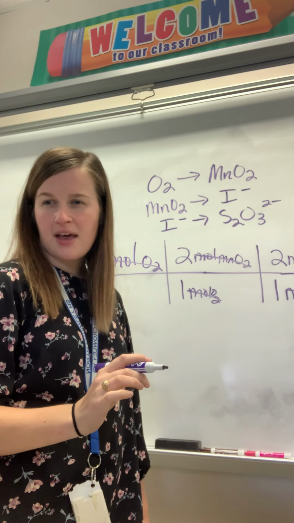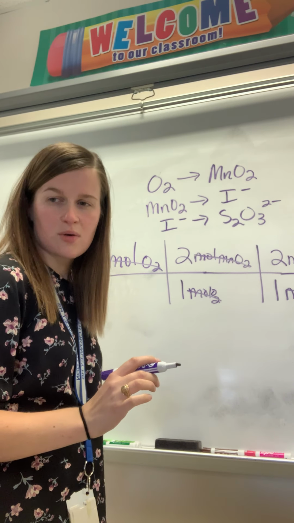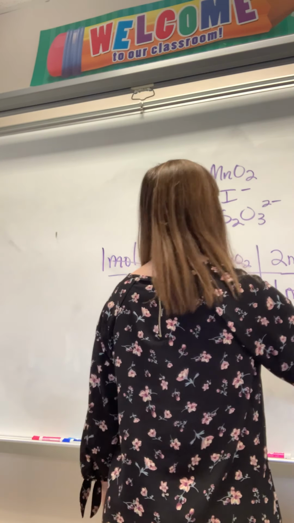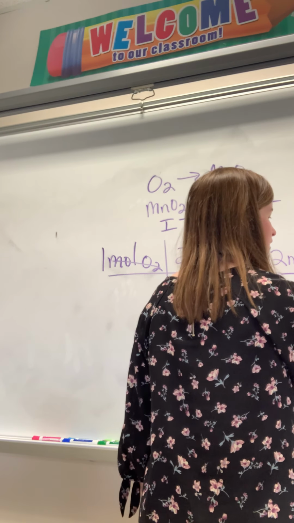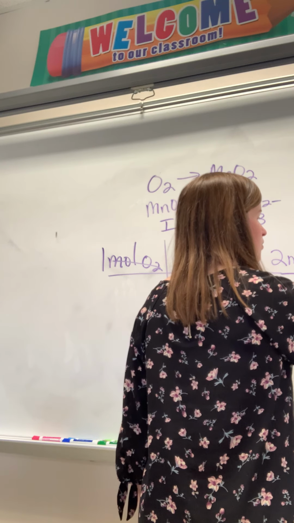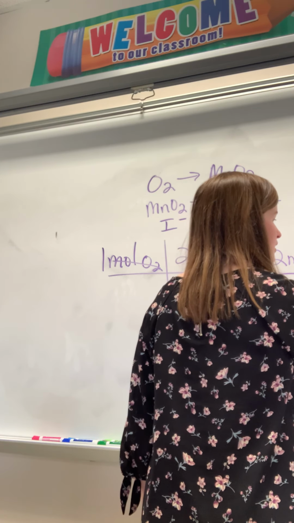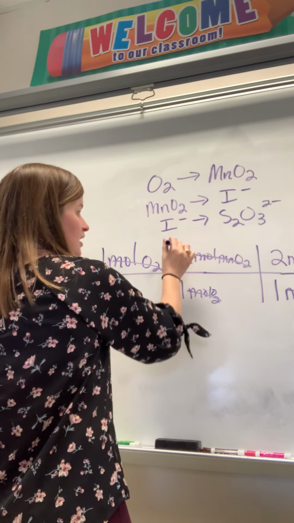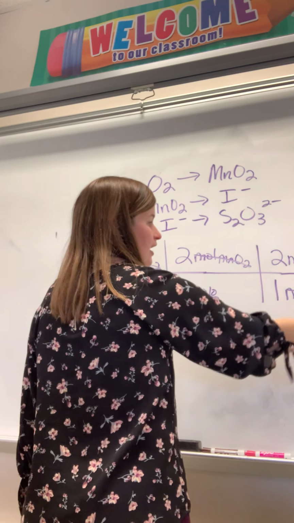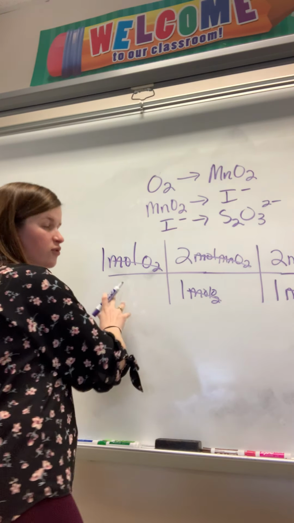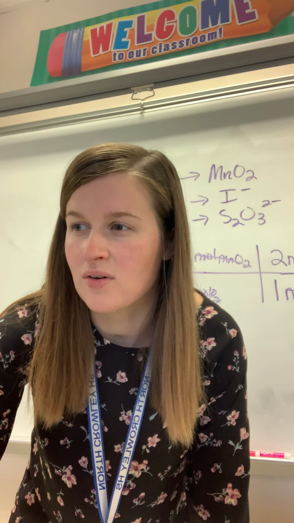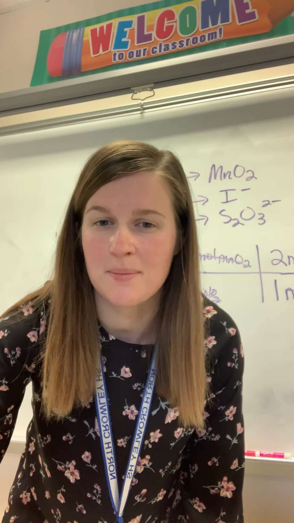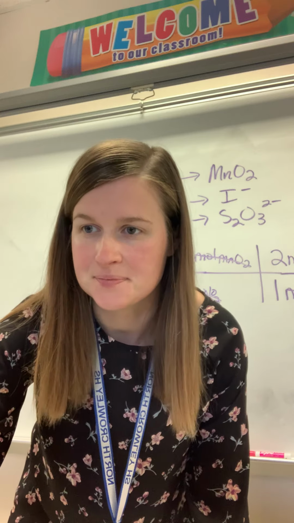And then we have the I minus to the S2O3, which would just be a 2-to-2 ratio. So we have 2 moles I minus, and then 2 moles of S2O3 2 minus. And so then these cancel out, and you're left with just 4 moles. For every 1, you're going to get 4. And if I go look at the answer key, it says the correct answer is 4 moles. And so hopefully that makes sense on how to do part A.